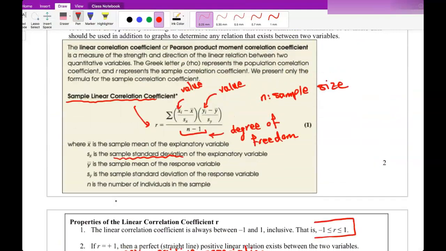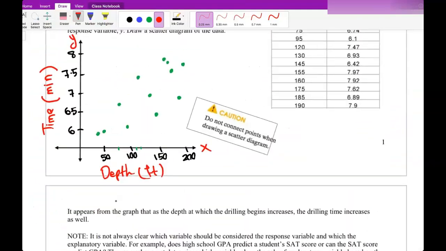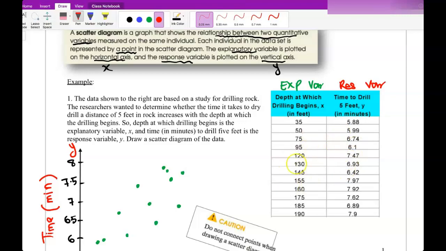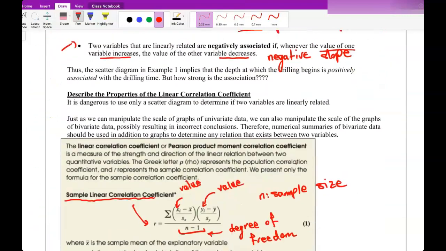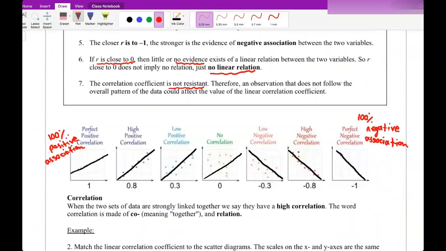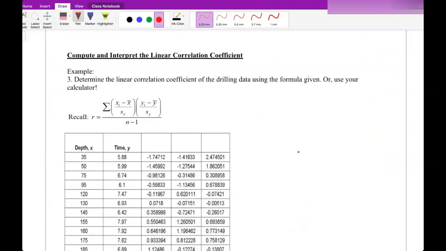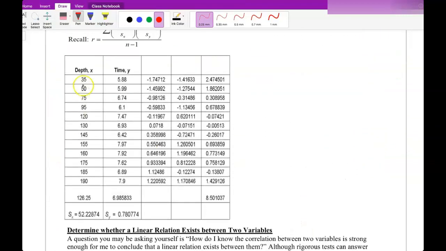Here on this table, the first part has the same x and y. Depth is x and time is y. So this one is the explanatory variable, and here is the response variable.